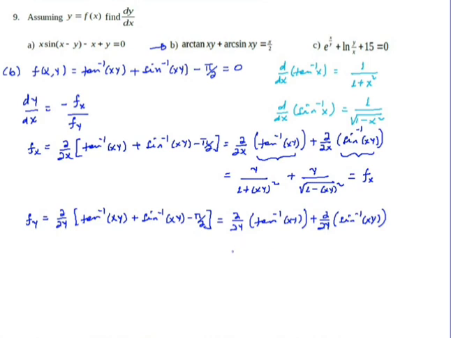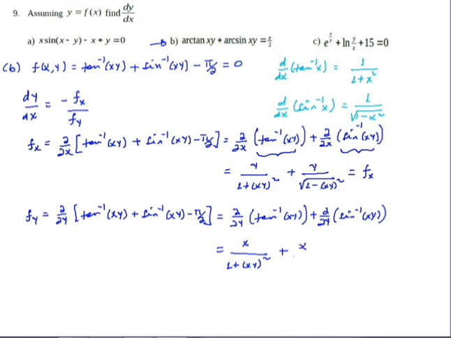In this case this gives us x over 1 plus xy the whole square, plus x over radical 1 minus xy the whole square. This is fy.